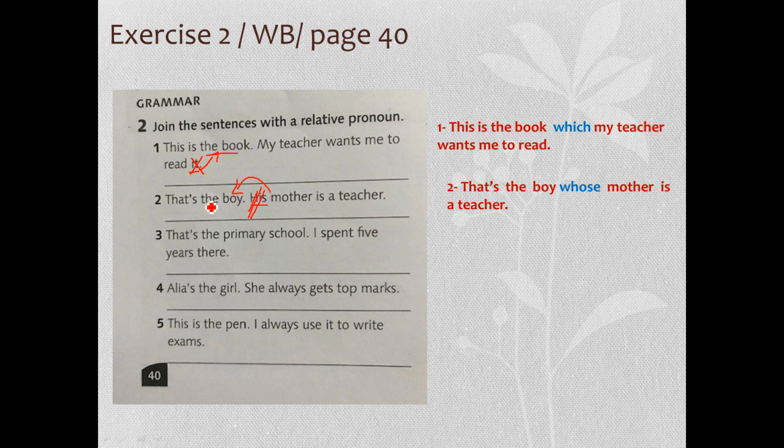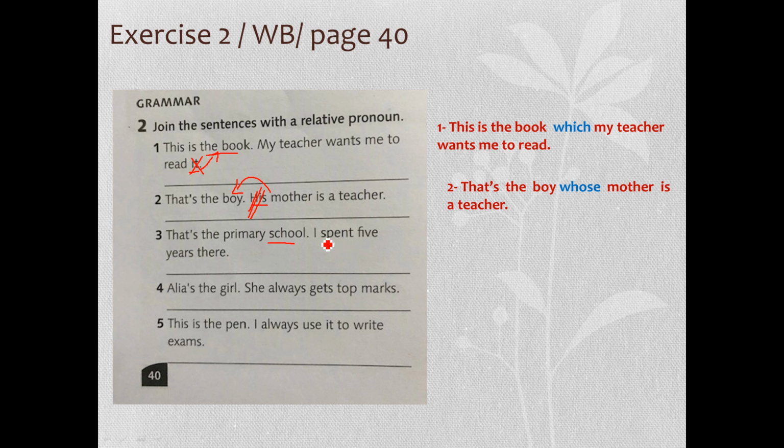That's the primary school, I spent 5 years there. The first sentence is talking about a school تتكلم عن المكان وهو المدرسة, and in the second sentence I'm adding more information to the word school. الجملة الثانية تتكلم عن المدرسة وبتحكي إنه هي المكان اللي أنا قضيت فيه 5 سنوات.